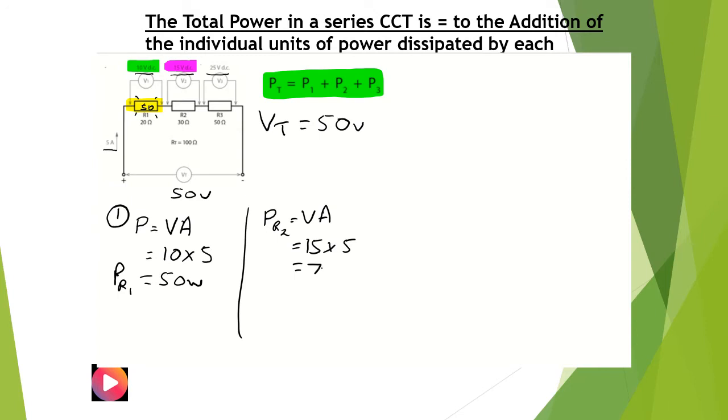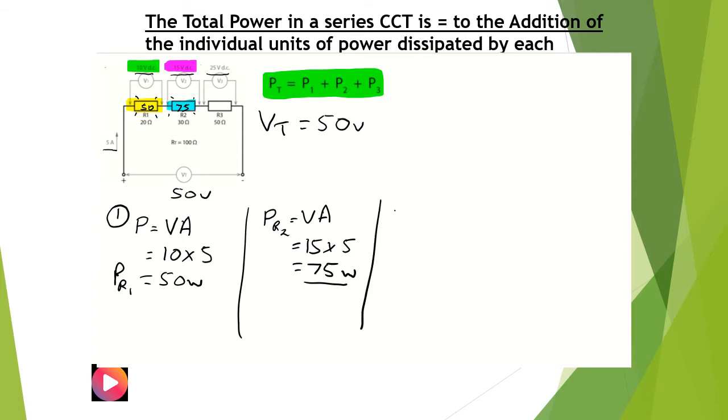That's 75 watts through that resistor. Now the wattage, of course, is a measurement of energy. In a resistor, it's purely given off as heat. So the heat given off by R2 is 75 watts.